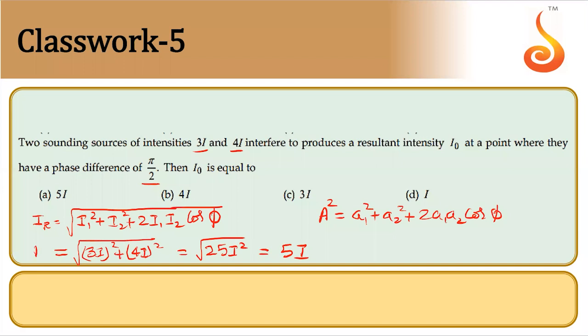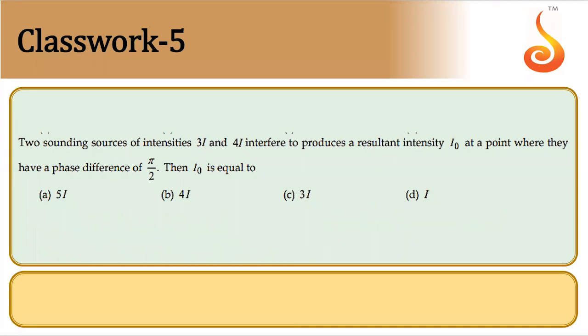So this is the resultant; they have called it I0. So I0 is equal to 5I. This formula you use in second year also for interference. Yes, hope you have taken this. Shall we move on to the next.